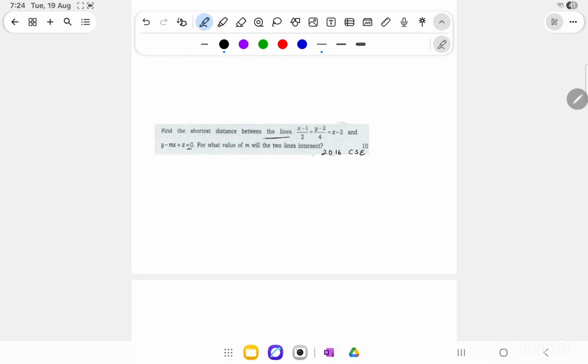In this question they have given us two equations and we are supposed to find the shortest distance and the value of small m. So my equation of line L1 is (x minus 1) by 2 equals (y minus 2) by 4 equals z minus 3, and my line L2 is y minus mx equals z equals 0.